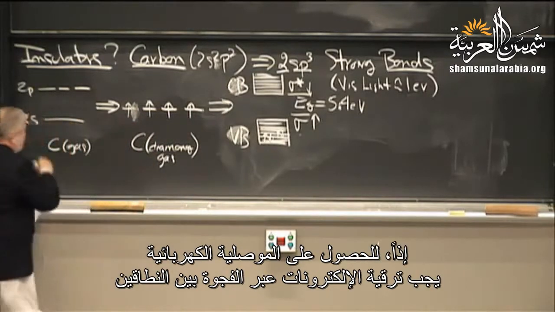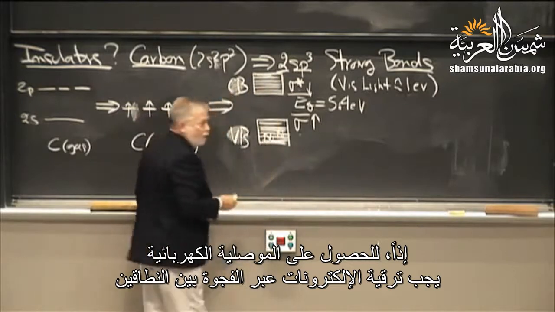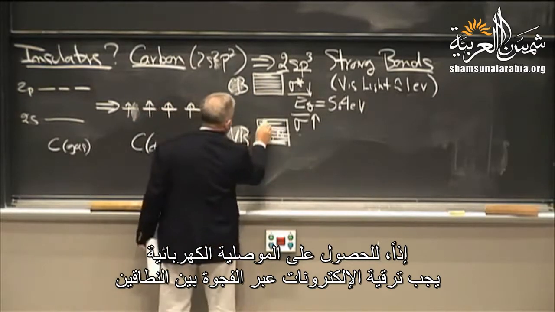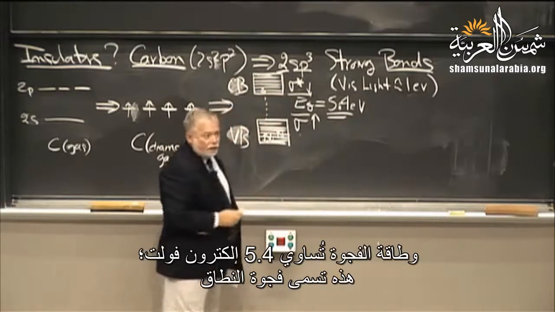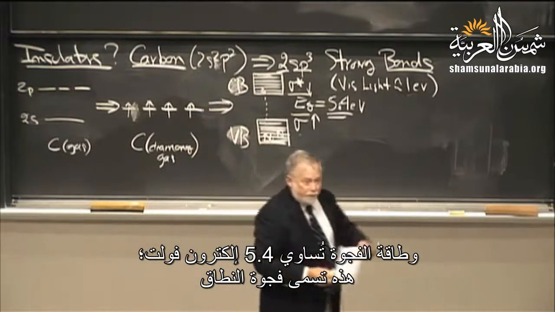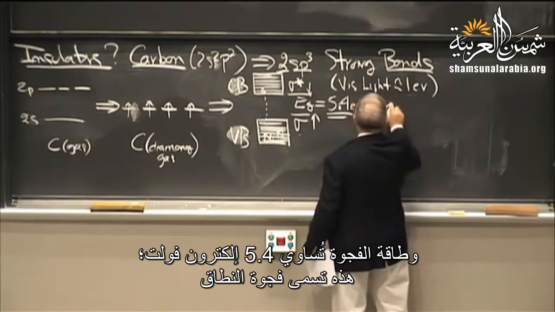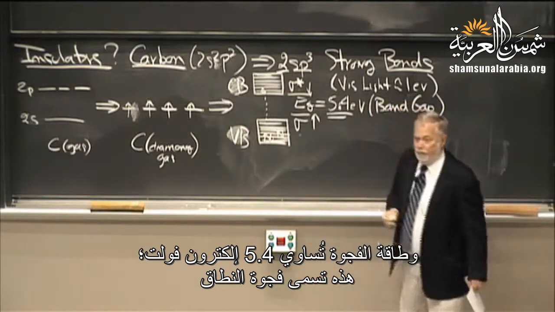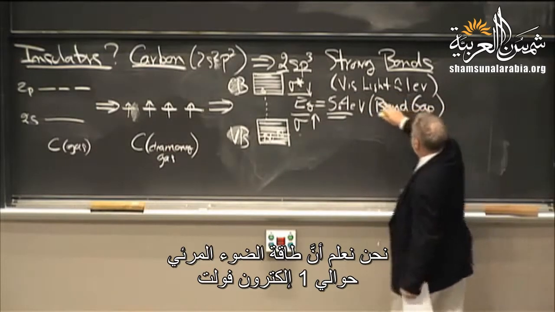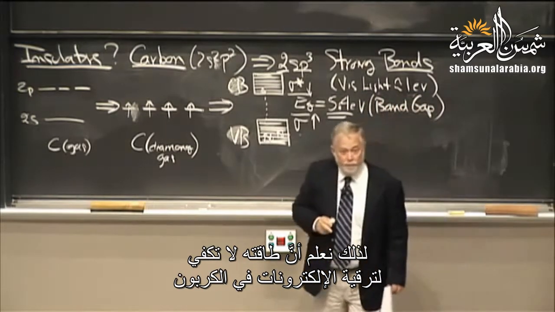So in order for us to get electrical conductivity, we have to somehow promote an electron across the 5.4 electron volt band gap. This is the so-called band gap. Now we know that visible light is about 1 electron volt, so we know that's not going to do it.